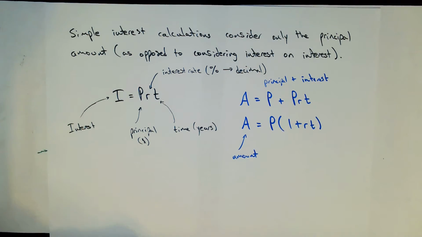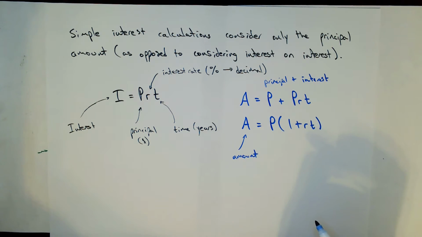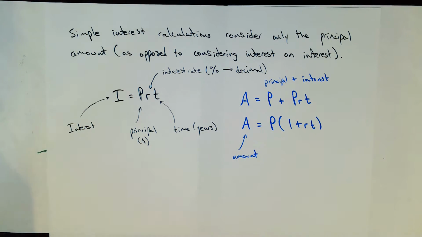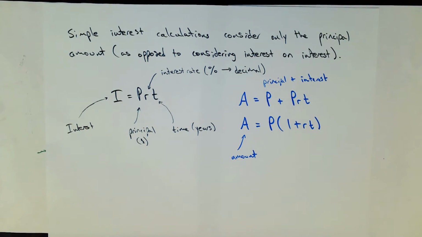The reason I'm writing this down is it's going to look very similar to the way compound interest is represented, using the same letter, capital A. I'm just trying to connect it to that compound interest formula that we're going to look at in a little bit. First, let's do some examples with this simple interest.